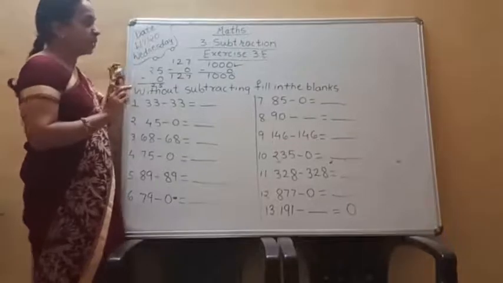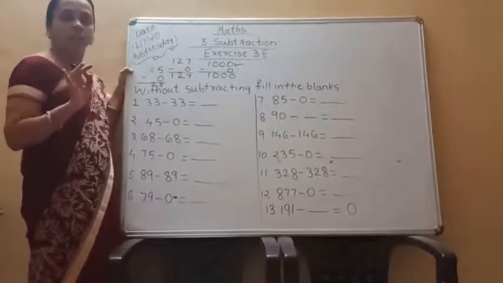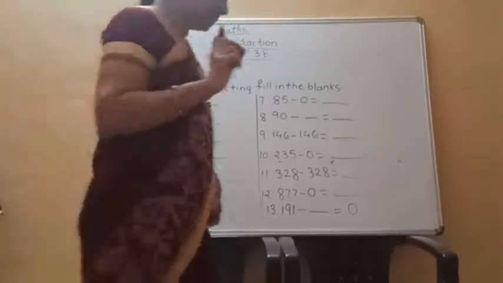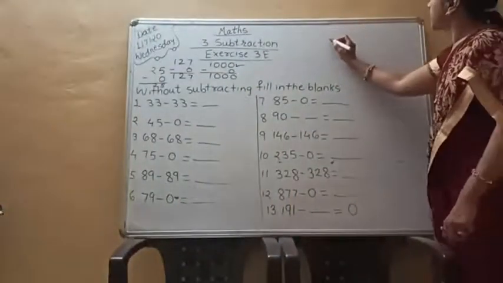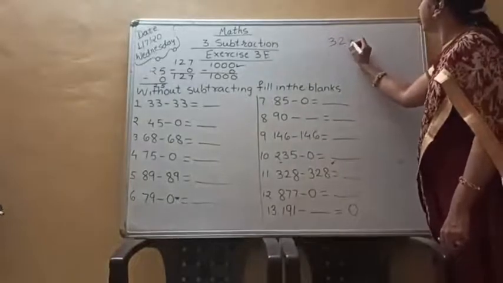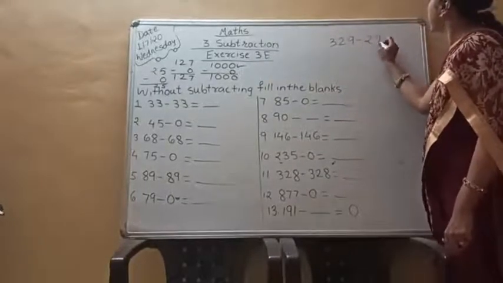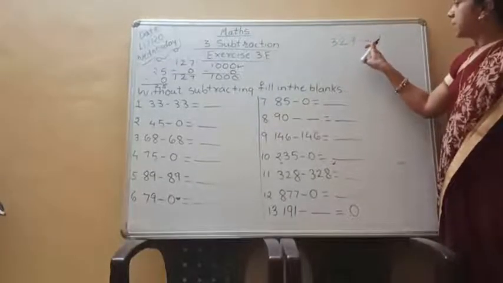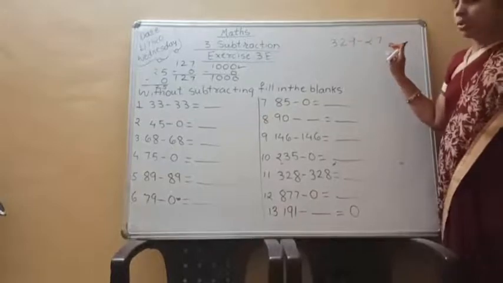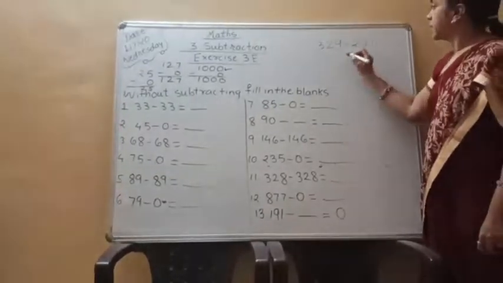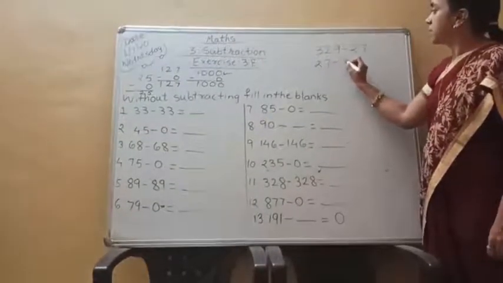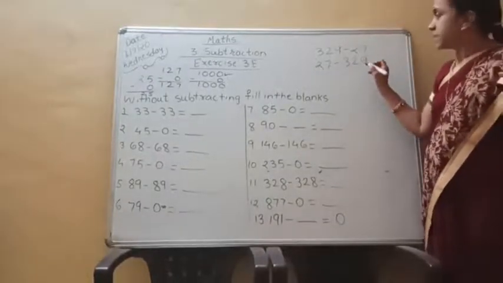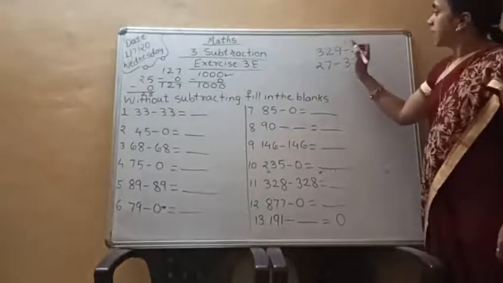Now see, we cannot change the order in subtraction. For example, suppose this is our example, 329 minus 27. We cannot write it like this, 27 minus 329. No, we cannot write like this. We have to write this.